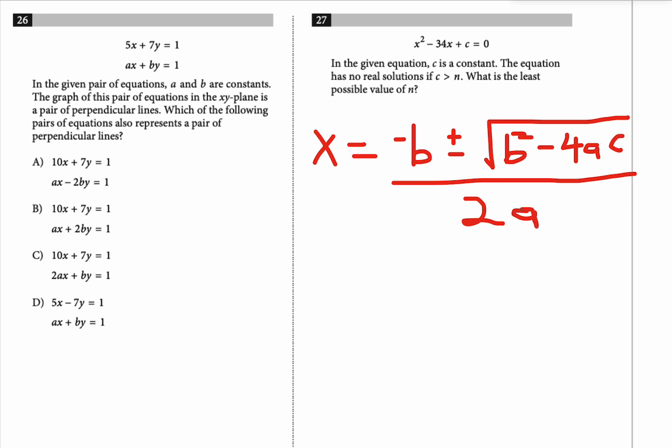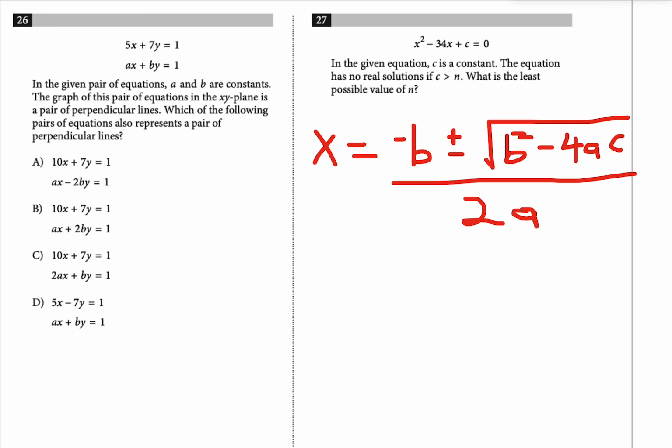This is typically the way to go when you don't see a simple way to FOIL the equation and set it equal to 0 and solve for your x's.